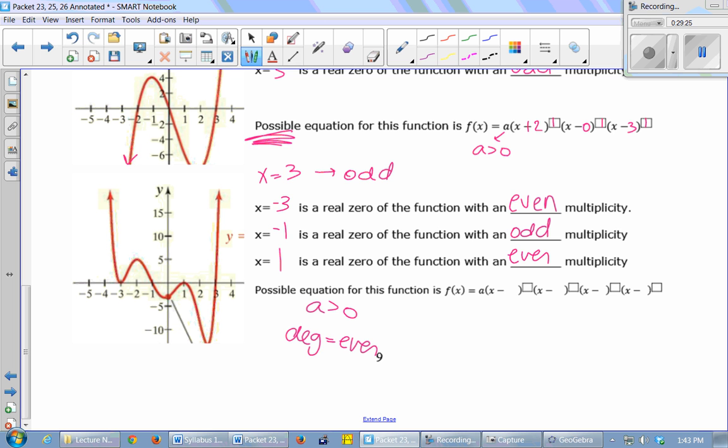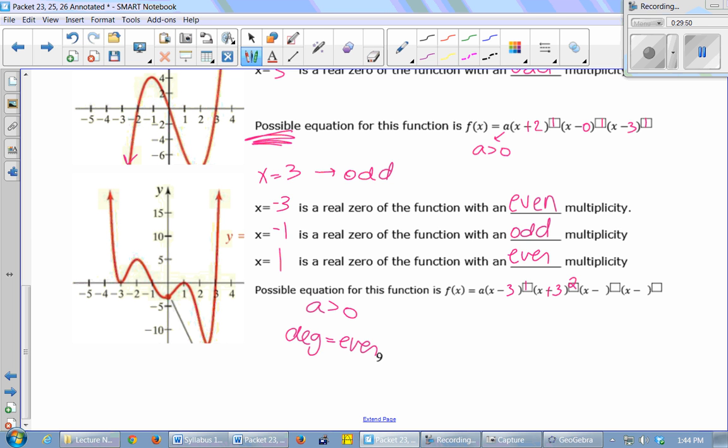So a possible formula for this thing: if x = 3 is a zero, that means x − 3 had to have been a factor. So I'll put in x − 3, and that one's odd, so I'll put a 1 for the exponent. If x = −3 is a zero, that means that x + 3 was a factor, and that has an even multiplicity, so it has to be a factor at least twice.